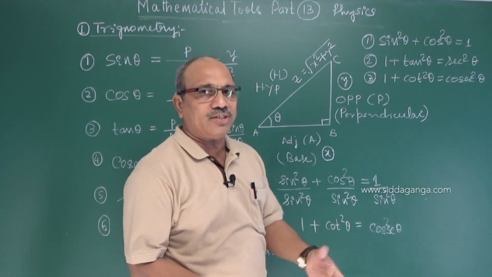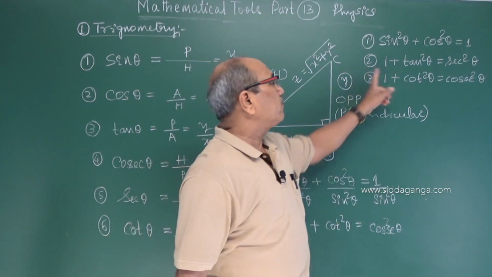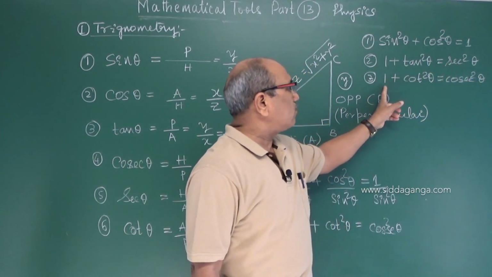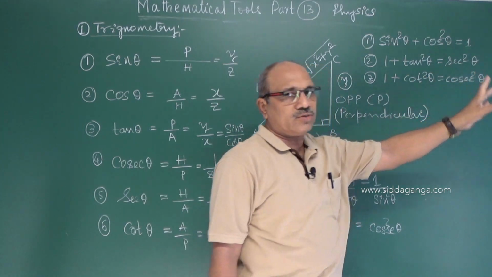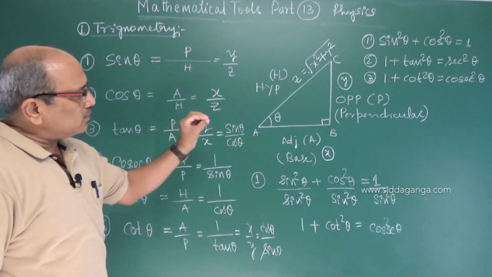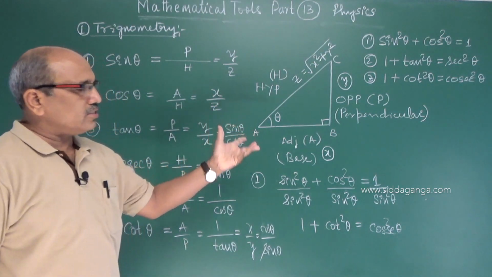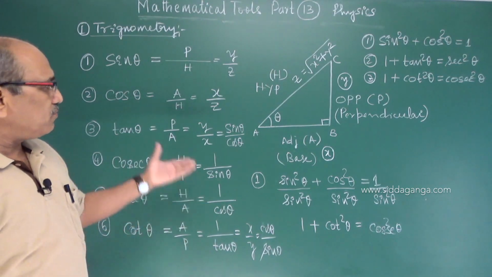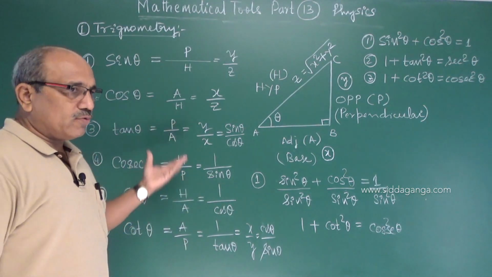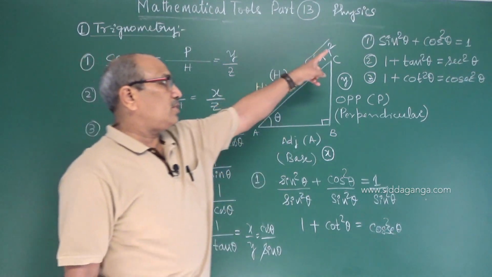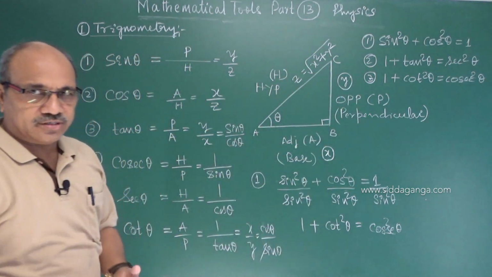I showed it simply, otherwise I am not taking it at all. 1 plus tan square theta is secant square theta, and 1 plus cot square theta is cosecant square theta. Now if we have a specific value, how does this generate the angle? Let us see that. First, before that, you have to recall the well known ratios, and those three relations are also important.